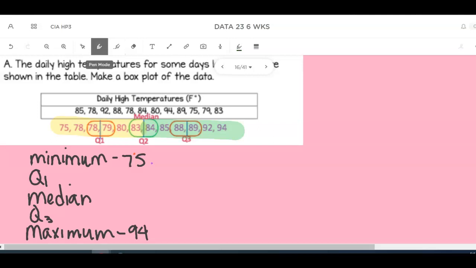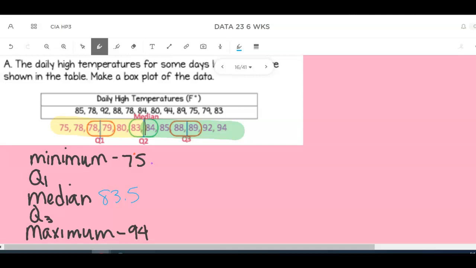All right, so the median halfway between 83 and 84, we drew a line right here, otherwise known as Q2, is going to be 83.5. So we are going to write that down here for median, 83.5, halfway between 83 and 84.